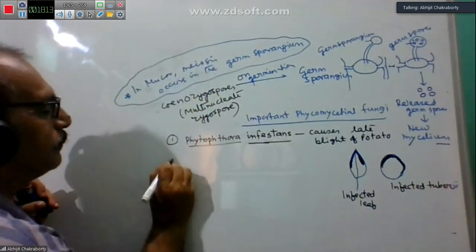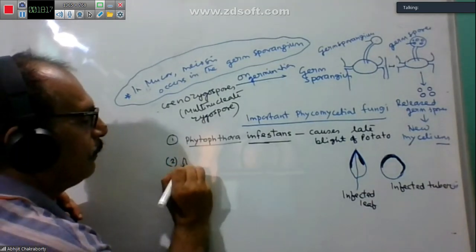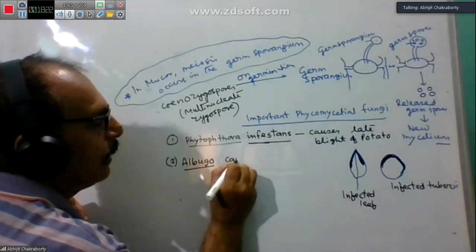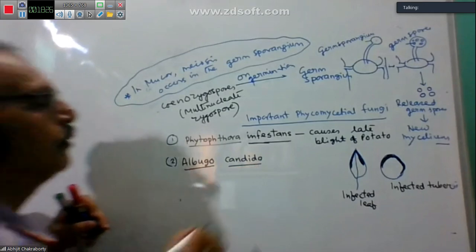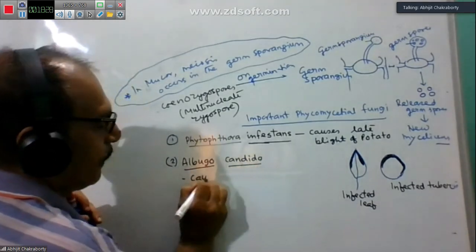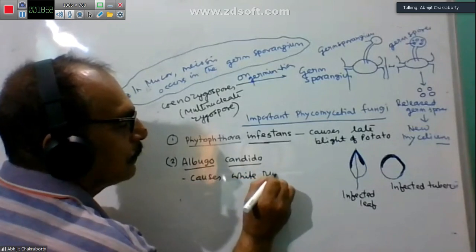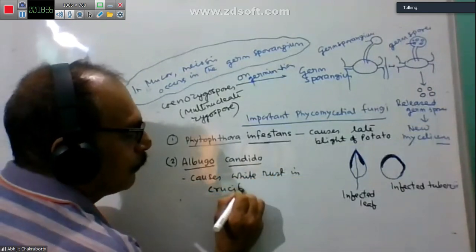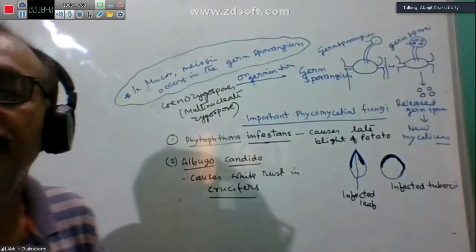Next one, Albugo candida causes white rust in crucifers.